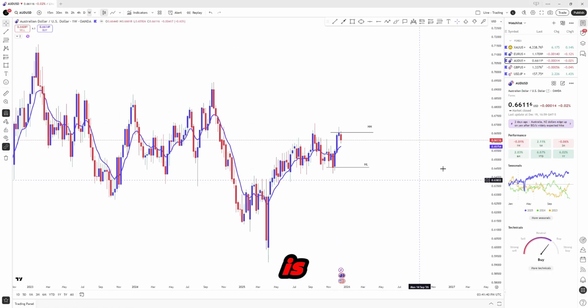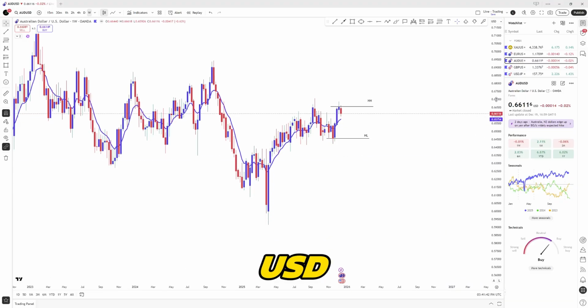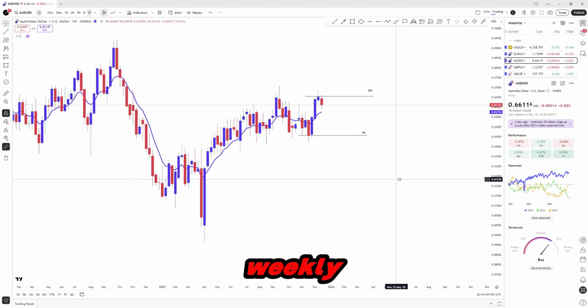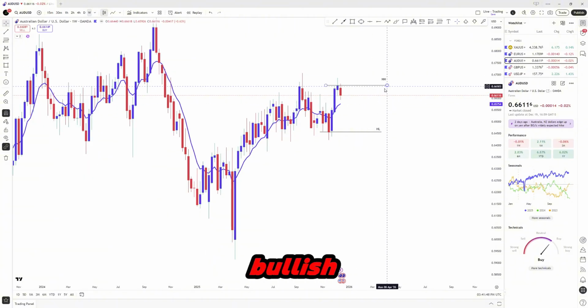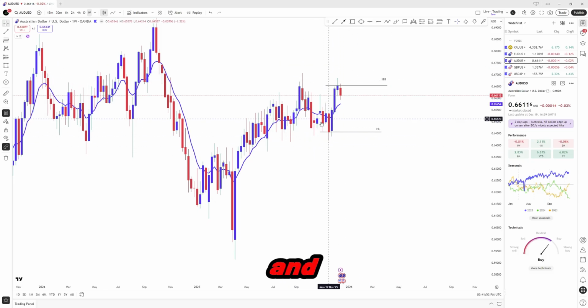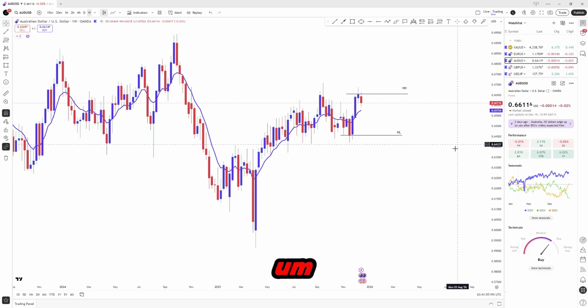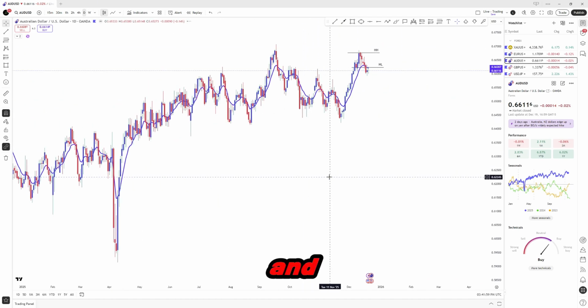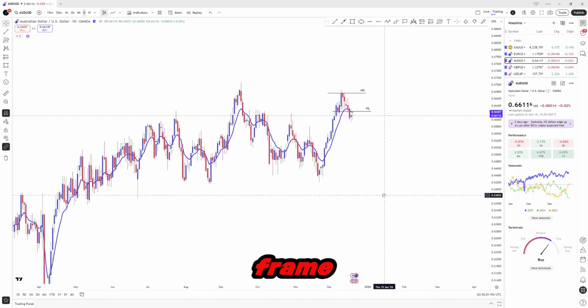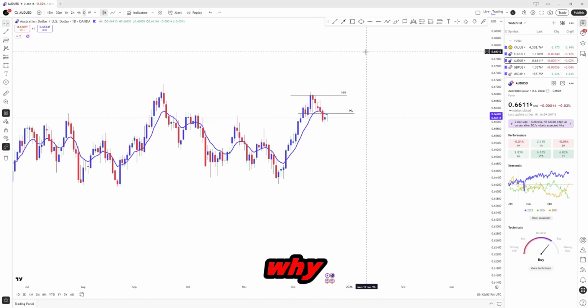Our next pair is AUD/USD. We're on the weekly. We marked these last week. The weekly is still bullish, maintaining this higher high and this higher low. We go down to the daily time frame, and the daily time frame is bearish. Why?